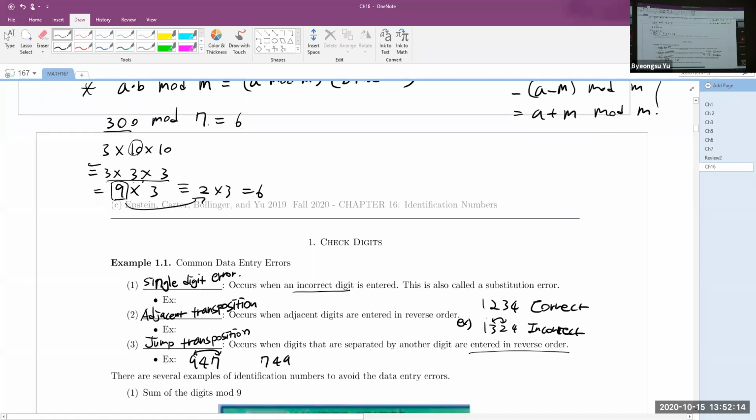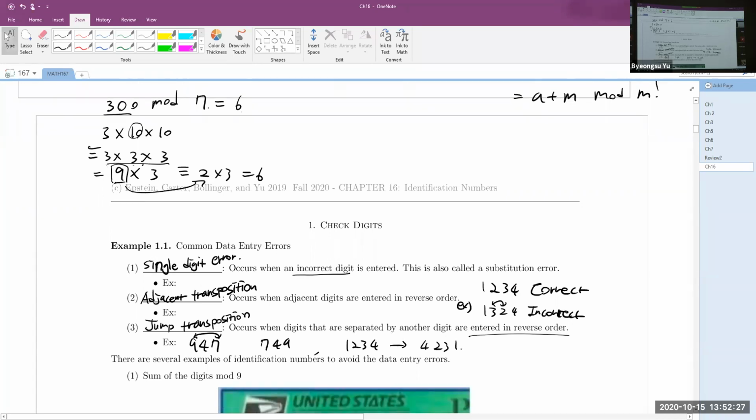Or in the example 1, 2, 3, 4, you can type it as 4, 2, 3, 1. It's a little bit difficult for this kind of serial number, but anyway, those are called the errors. So here the example is 947 with 847.